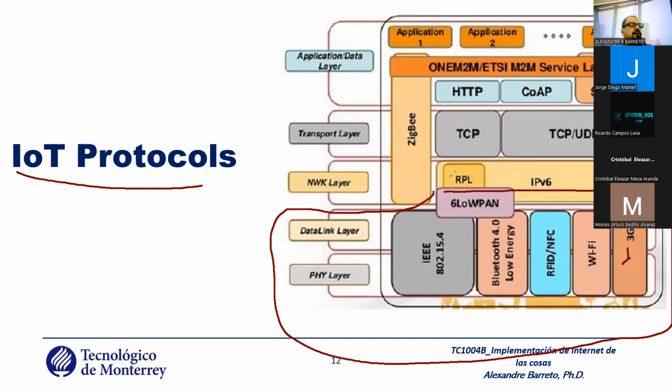In the network layer, you have the IP, okay? IPv4 and IPv6, okay? And in the transport, you have TCP and UDP. And today, you study this layer here, the application layer, okay? IoT protocols in the application layer.